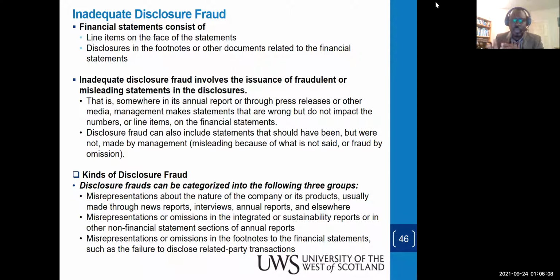There could also be some omissions or misrepresentations in the integrated or sustainability report or the CSR reports. So be careful what reports they supply, because normally these CSR reports or sustainability reports are produced in order to court public favor. So they will try to put in something just to appease the public, but it may not be true. If possible, verify what they have stated in their report, whether it can be found on the field.